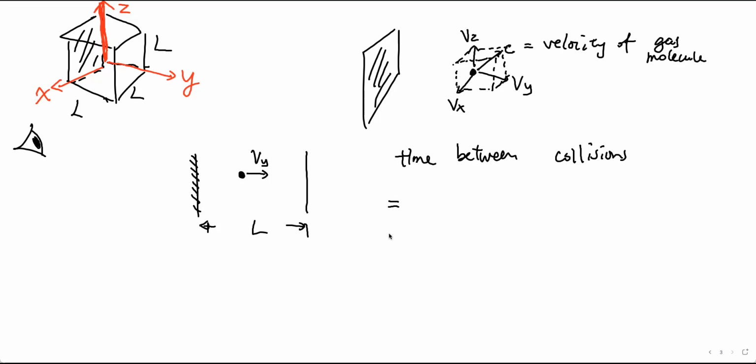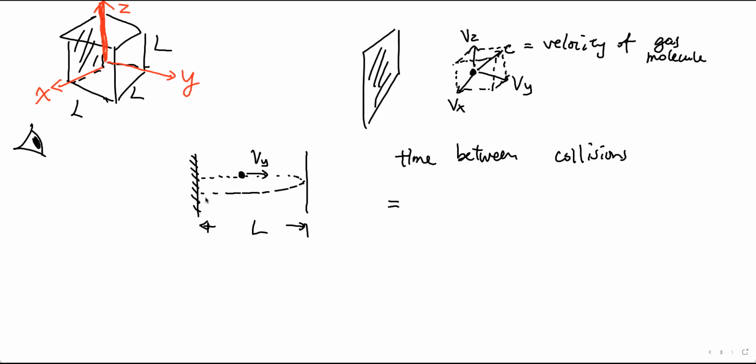Distance traveled is velocity times time. But in terms of L, what is the distance traveled between the collisions? From that point, 2L.